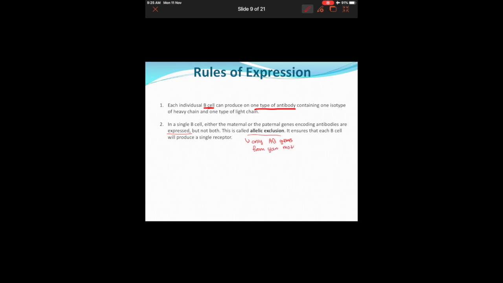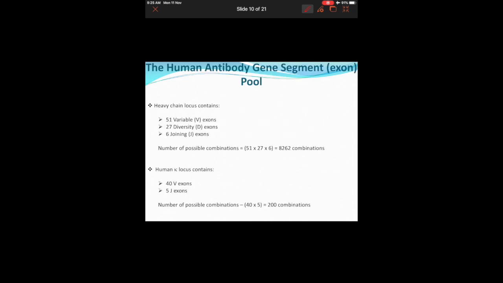And through this recombination, we can see the number of variabilities we can get. So within the heavy gene locus of humans, you have 51 different variable exons, 27 diversity, and 6 joining. This combination gives just over 8,000 recombinations.